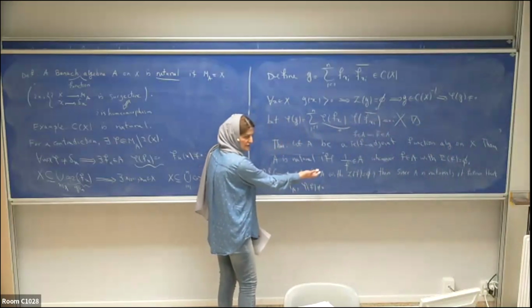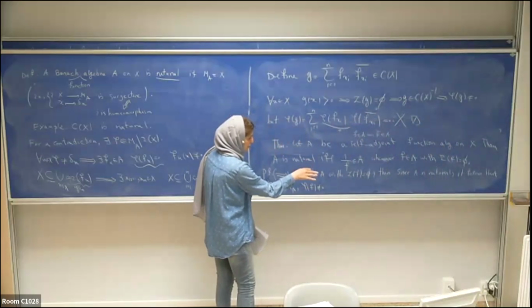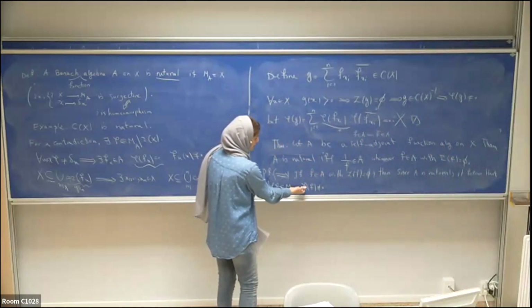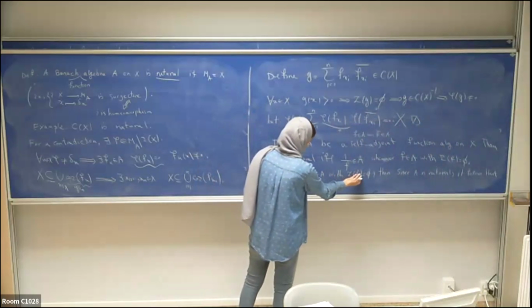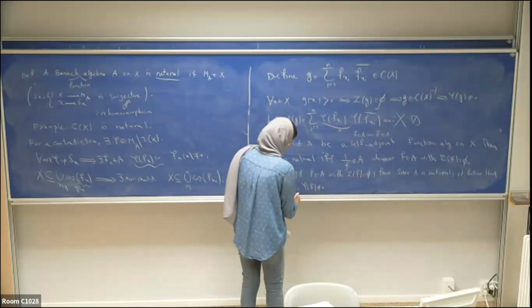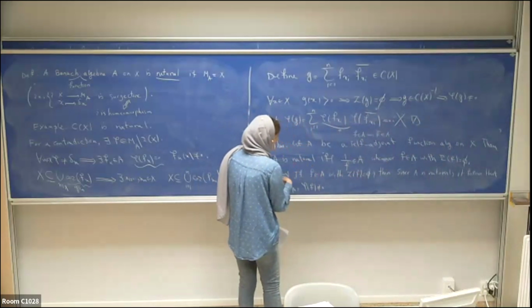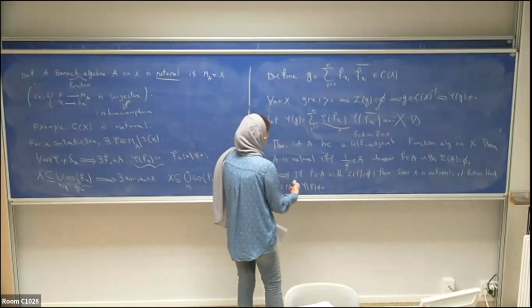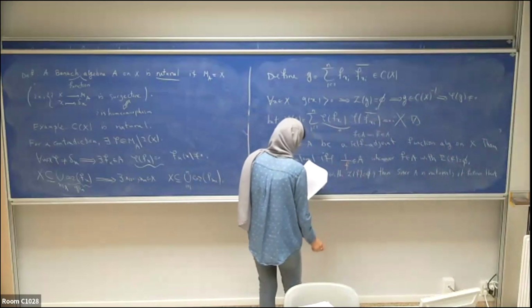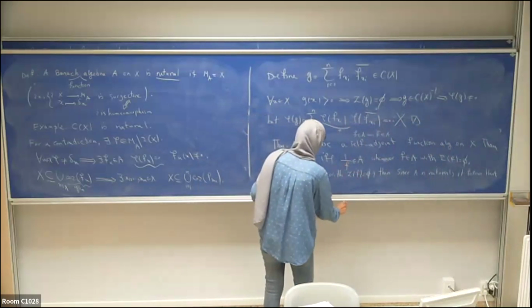Because phi is just the evaluation homomorphism, I mean delta X, and the range of F is not 0. And so from the third part of this star theorem, we can say that F is invertible.